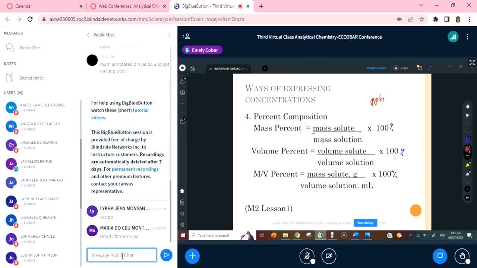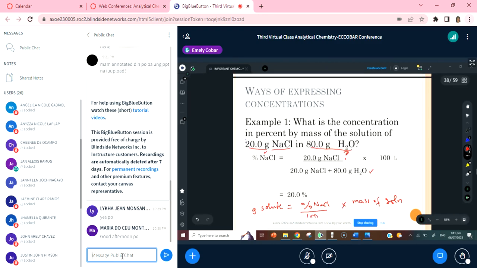What we will do is the given mass percent, divide mo ng 100 para matanggal yung signage na percent. And then, you multiply it with the mass of solution. Doon mo makukuha yung mass solute. Pag nandun na tayo sa problem solving ng involving acids and bases, okay, so gagamitin natin yung mass percent na yan. Okay? So, next now.